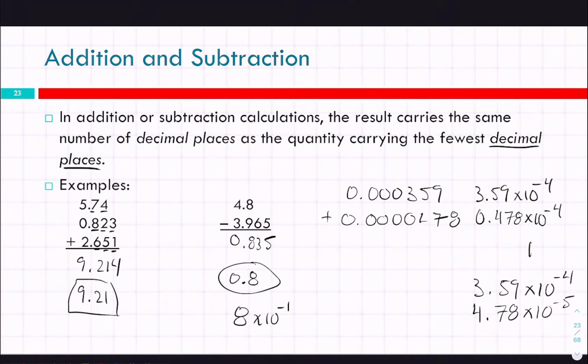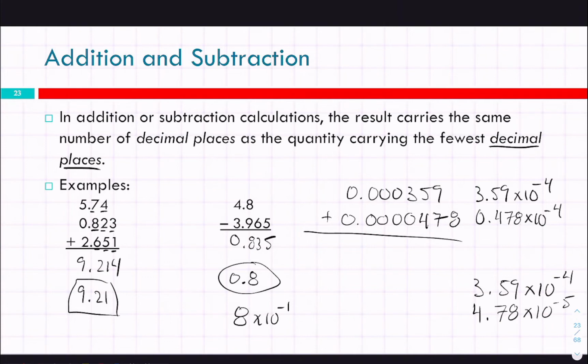So if we add these two numbers together, how many decimal places do we keep? However many are in this top one. Yeah, 1, 2, 3, 4, 5, 6, because that's one fewer decimal place than the bottom one, which has 7.